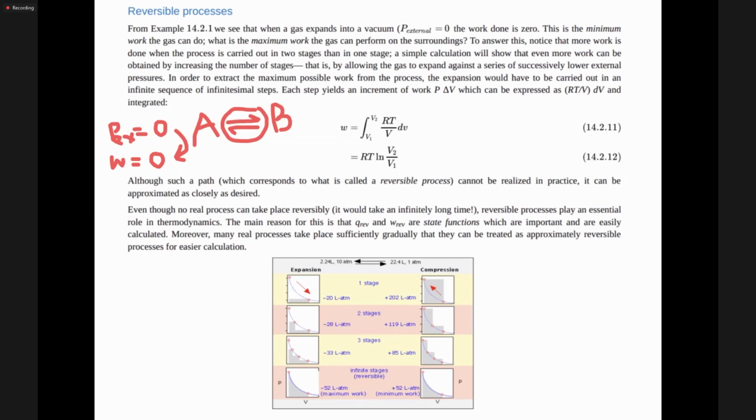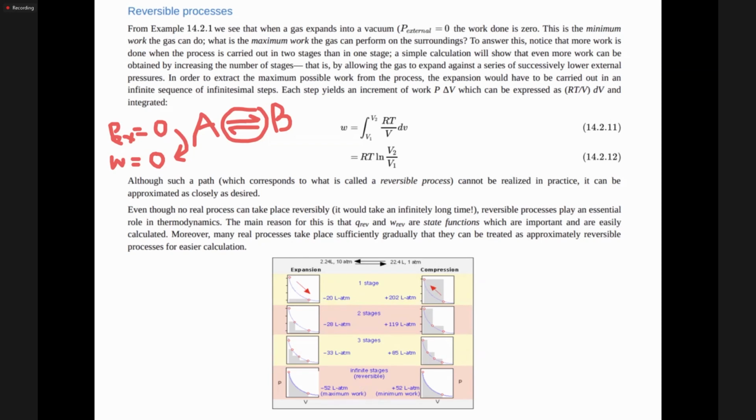Work done by the gas will be equal to 0 because P external is equal to 0. That is the minimum amount of work done by the gas. The minimum amount of work that a gas can perform is 0, and the condition is that the external pressure is 0.